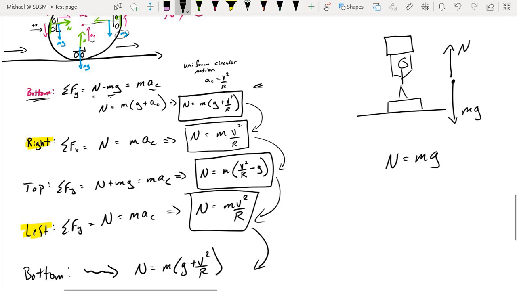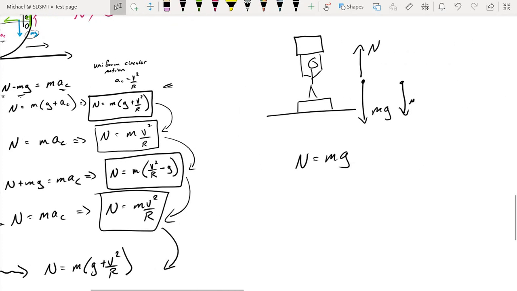Is the scale in fact measuring your correct weight? And the answer is no. The scale is going to measure the combination of your weight and the weight of the box. So it's not just measuring your weight, it's measuring everything.